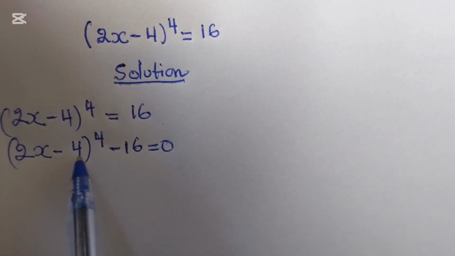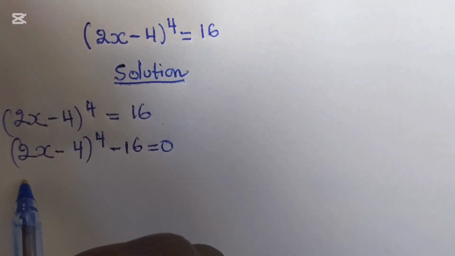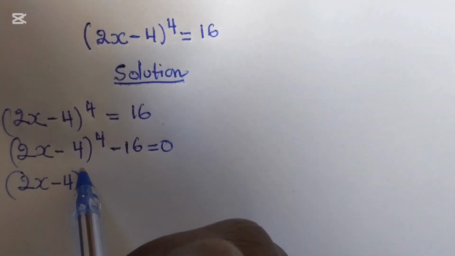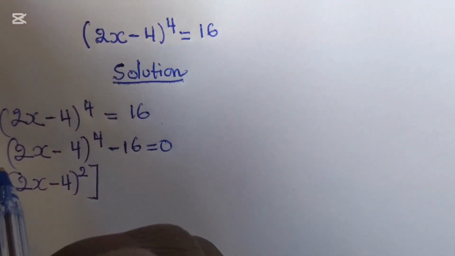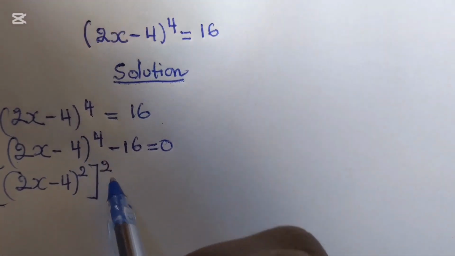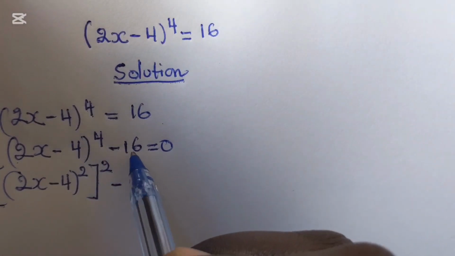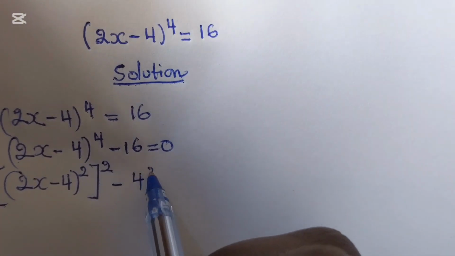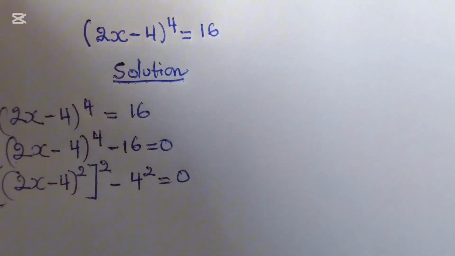Now we can write this one this way: ((2x - 4)^2)^2 - 4^2 = 0.